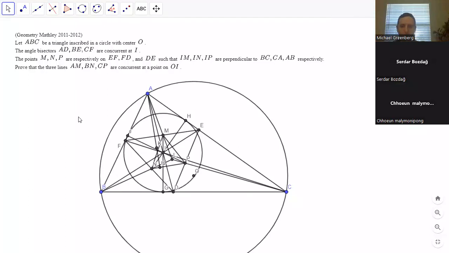I'm not sure where to go with this. You want to try it for another 10 minutes, or what do you think? We can do this problem a couple more minutes. Okay. All right.